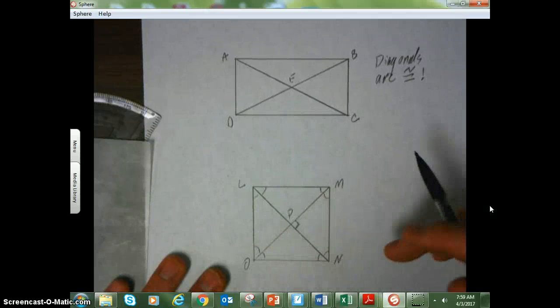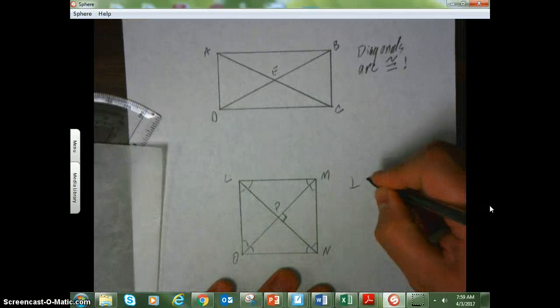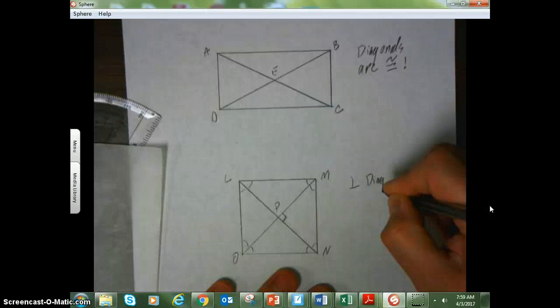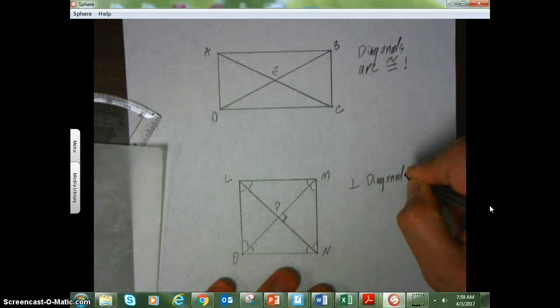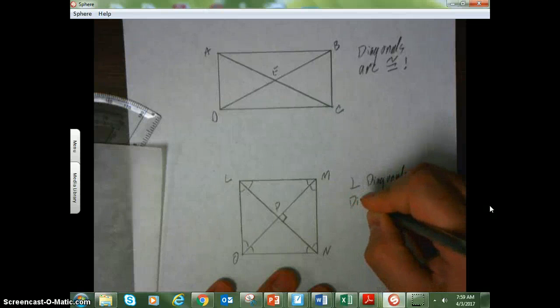So it does have perpendicular diagonals.